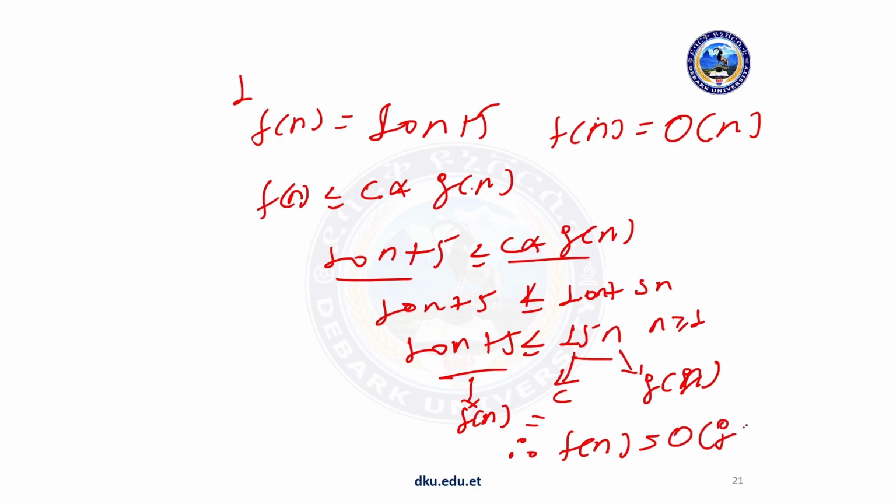In the definition, f of n equals big O of g of n, and here g of n means n. So f of n is big O of n.